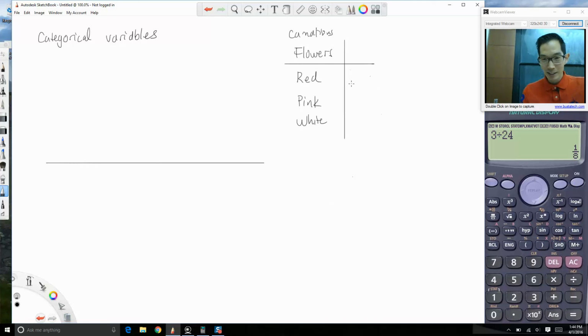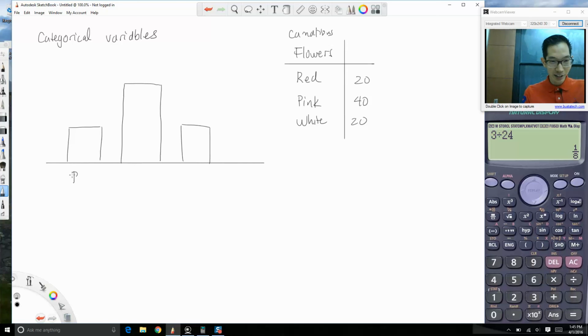All right, and 20, 40, 20, okay? I'm just making up stuff. This is our beautiful bar chart. Okay, red, pink, white. We've got that, okay?